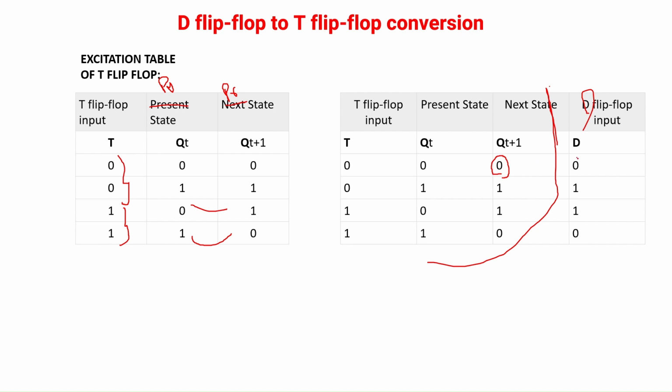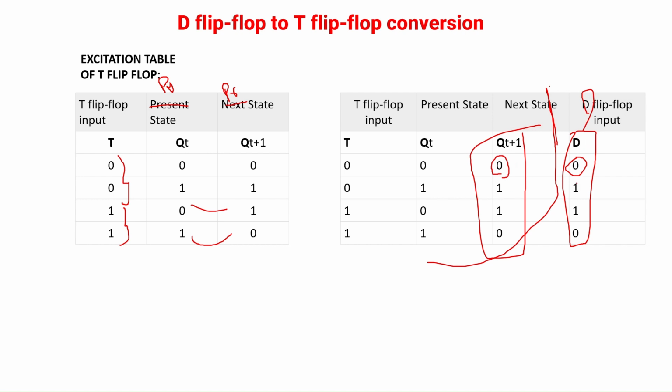We have seen that the D flip-flop is nothing but just like a buffer. The applied input will appear across the output. So the input that we require is nothing but the output that we obtain. So D will be equal to Q of T plus 1. When Q of T plus 1 equals 0, the input D equals 0. When it is 1, the input D equals 1.